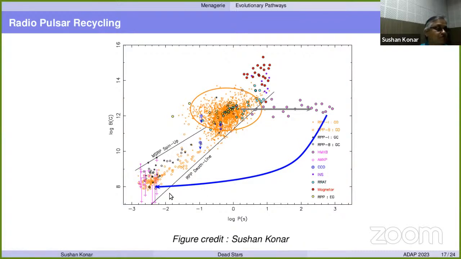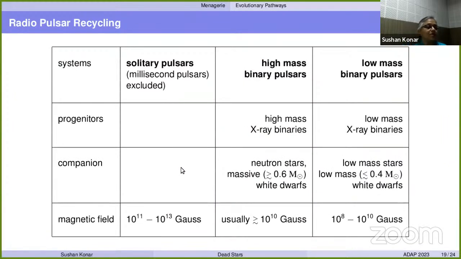We do not know; we can only theoretically guess. And they would appear here as millisecond pulsars. If they are sitting in HMXBs, they would end up here, as slightly, mildly recycled pulsars. So that's our picture, and this is the summary of radio pulsar recycling.